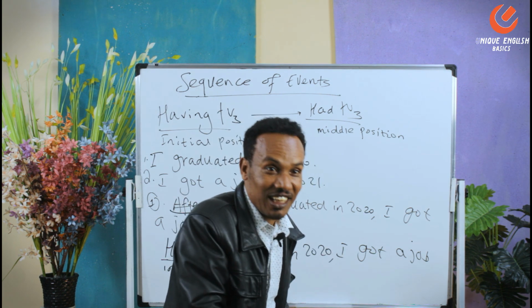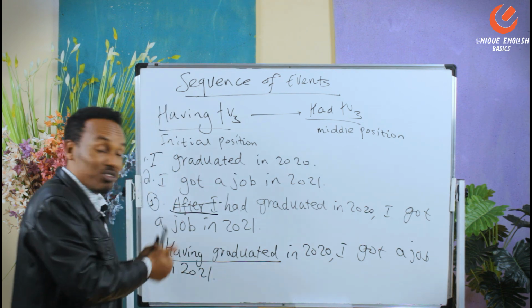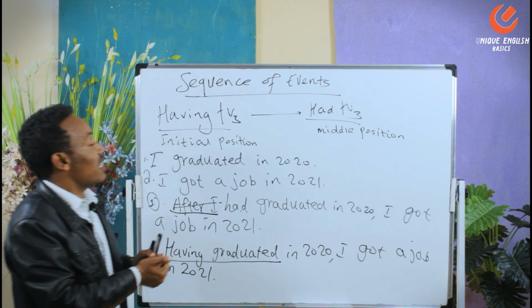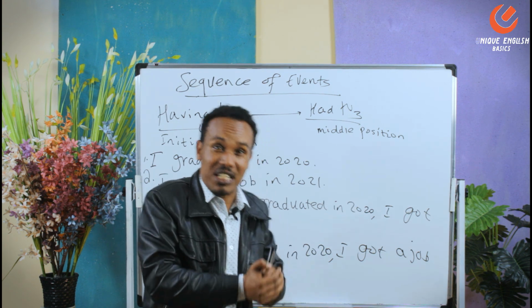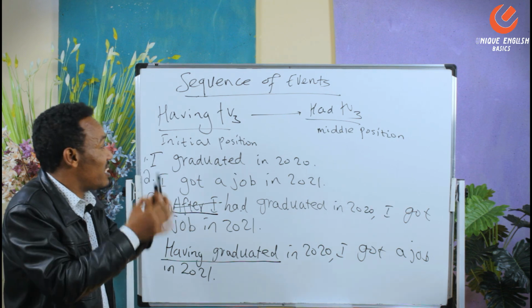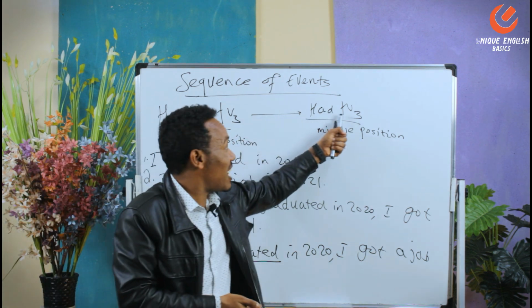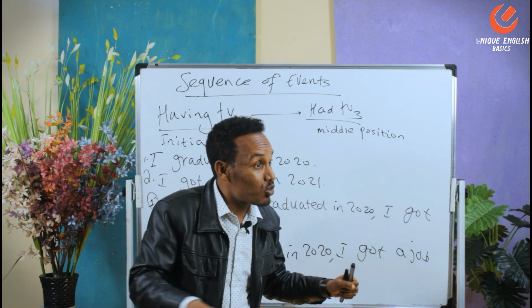So that's like ምንድነው የሚሆነው ማለት ነው. Having with verb 3 form of the main verb has got the same meaning as had with verb 3 form of the main verb. The difference is having with verb 3 form of the main verb is used at the initial position, whereas had with verb 3 form of the main verb is used at the middle position. That's the difference we have.